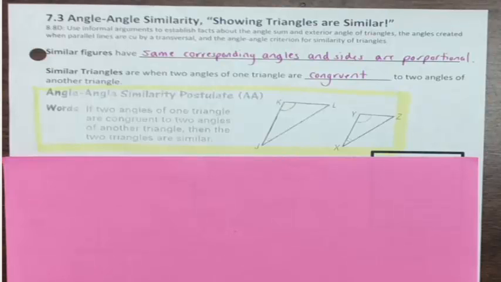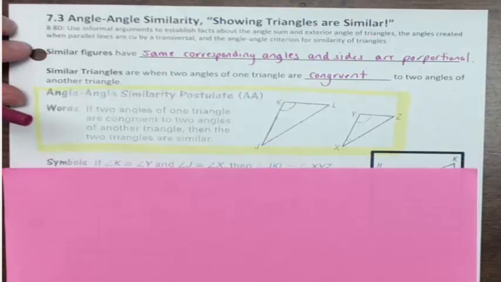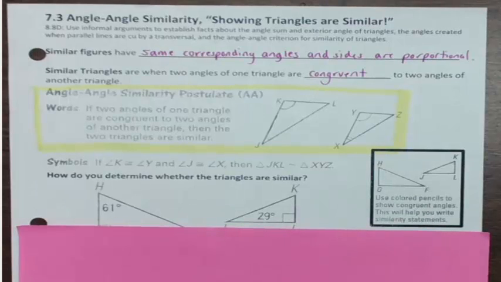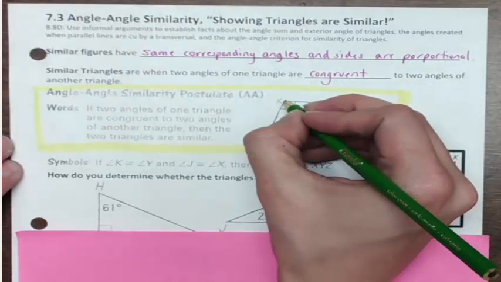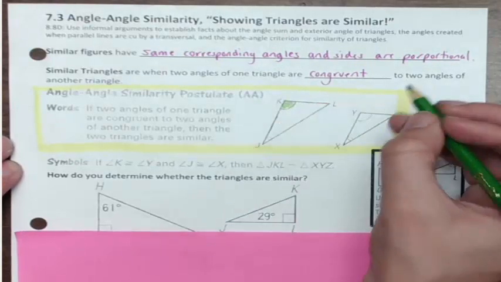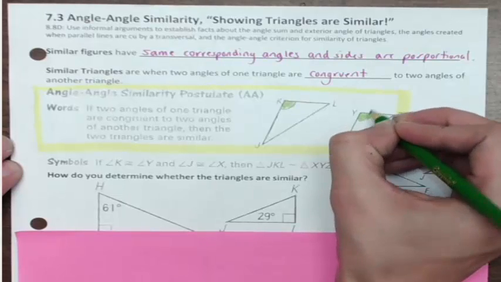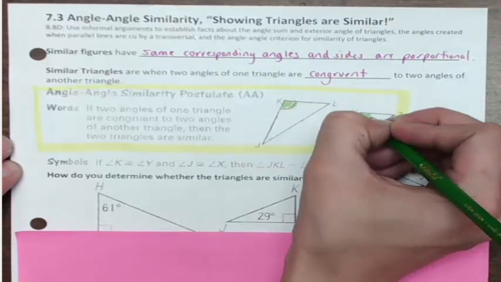So if you look at our example right here, I'm going to use colored pencils to show that the angles are congruent. Looking at angle K, it matches up with angle Y because the marks show that they're congruent.